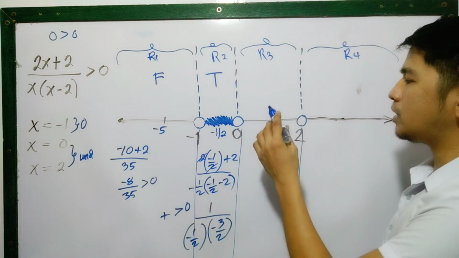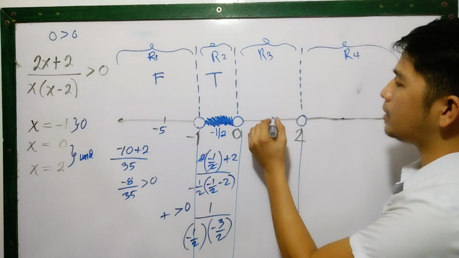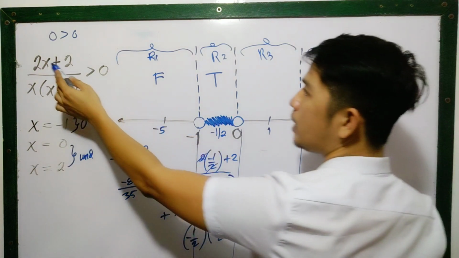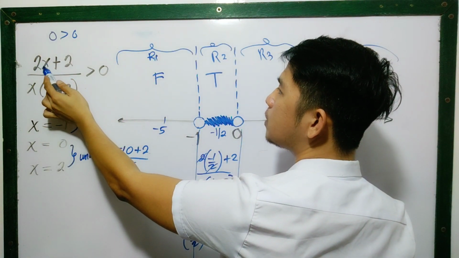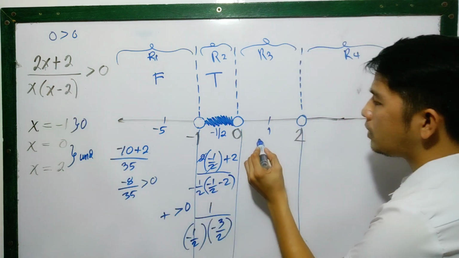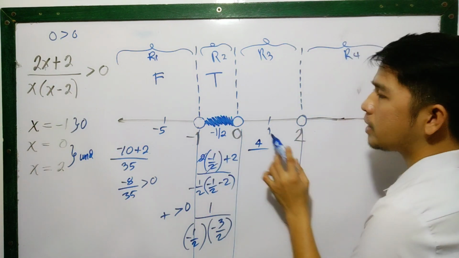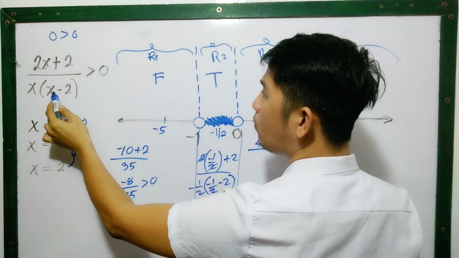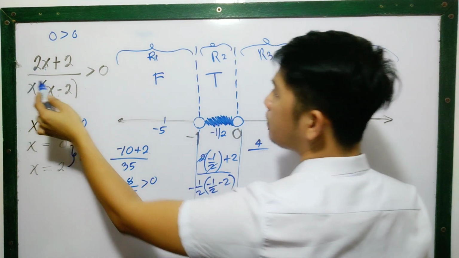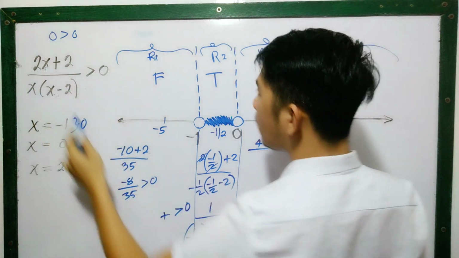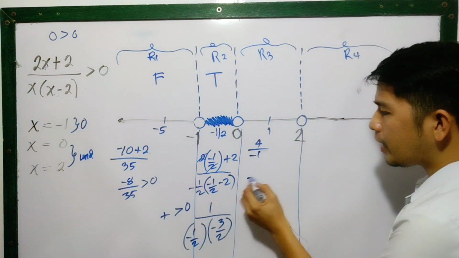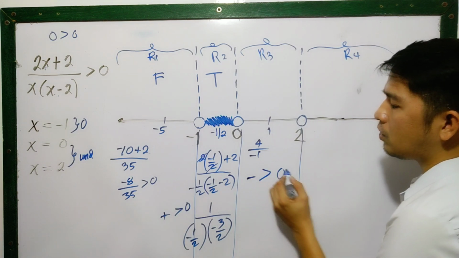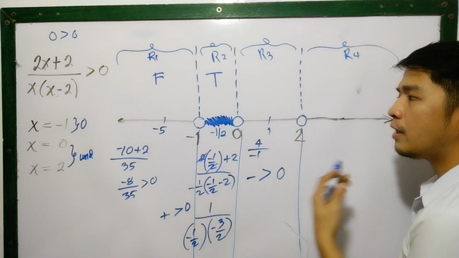Let's go to the region 3. Kuha tayo ng number under region 3, that is positive 1. When x is positive 1, 2 times 1 is 2 plus 2 is 4. When x is 1 again, that is 1 minus 2 is negative 1, times 1, negative 1 times 1 is negative 1. So, magiging negative number na yan. Is a negative number greater than 0? That is false.